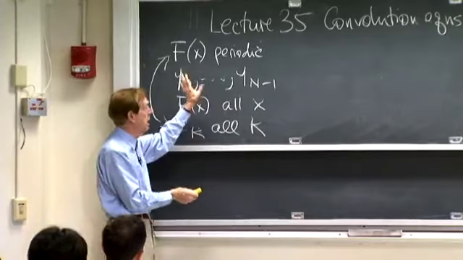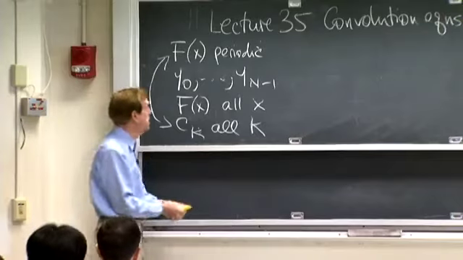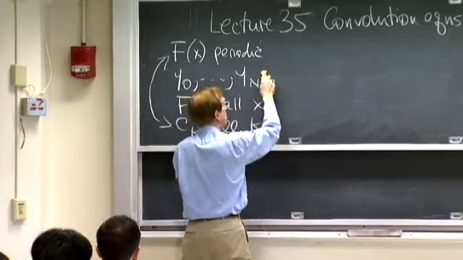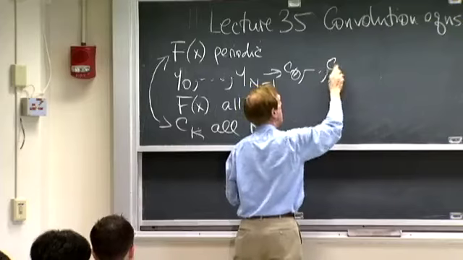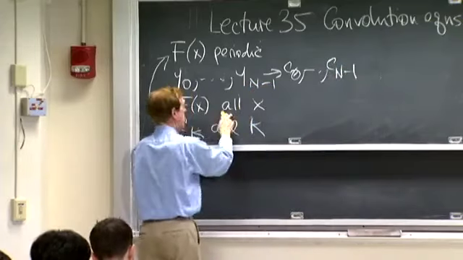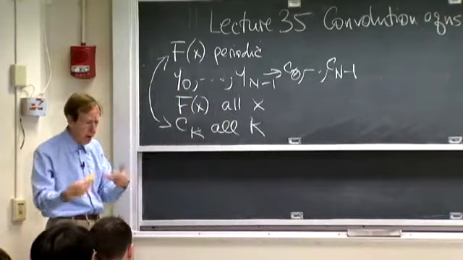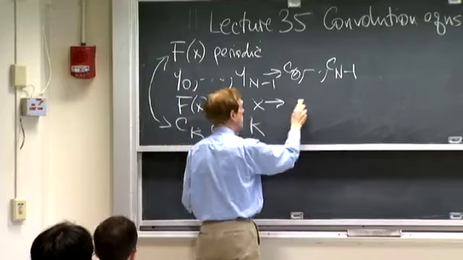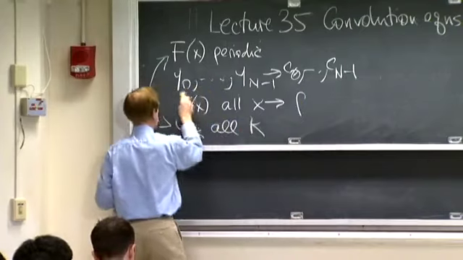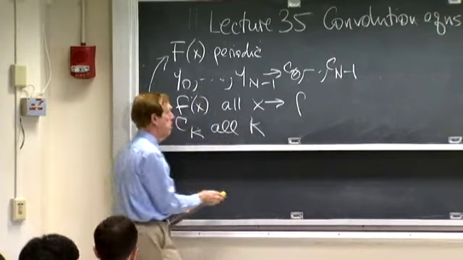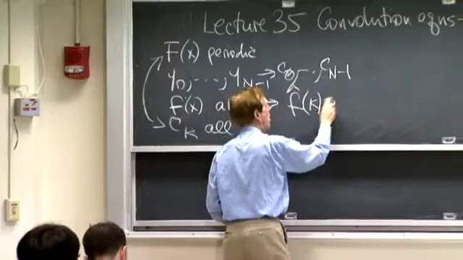We have n numbers in physical space and n numbers in frequency space. So those went to c0 up to c n minus 1. And this, all x for the function, went to f, maybe I used small f last week, and I called its Fourier transform f hat of k, all k.